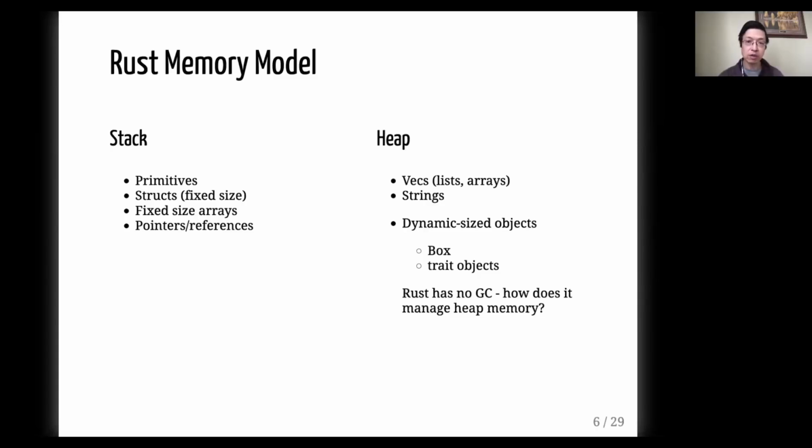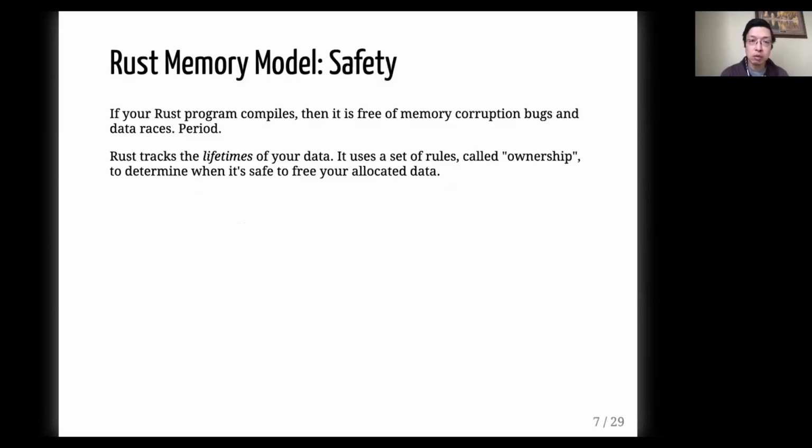Now, one thing is that Rust does not have a garbage collector. So how does it manage memory? Now, this is a really important point for those of you coming from dynamic languages. This is the biggest differentiator about Rust. What Rust promises is that even though it does not have a garbage collector, it will track how your data is used through a concept known as a lifetime.